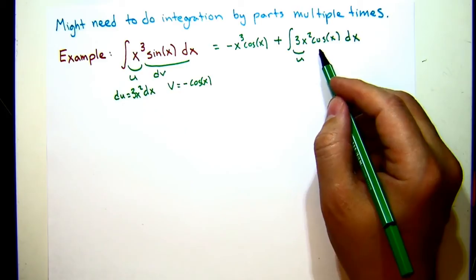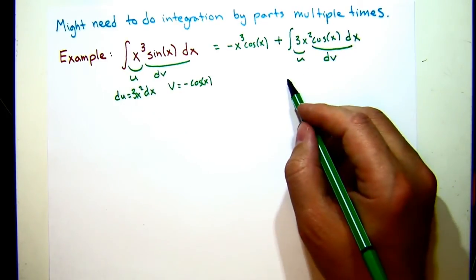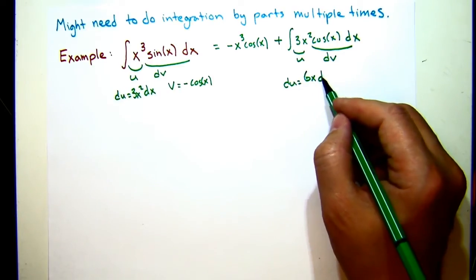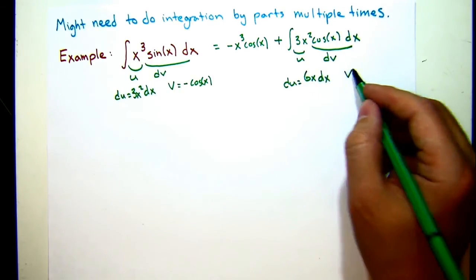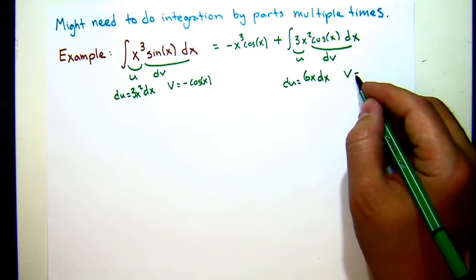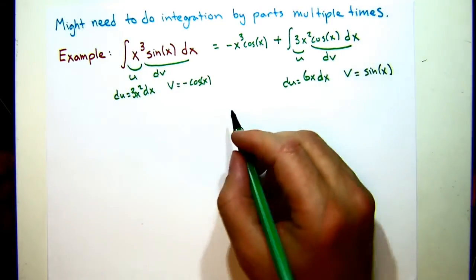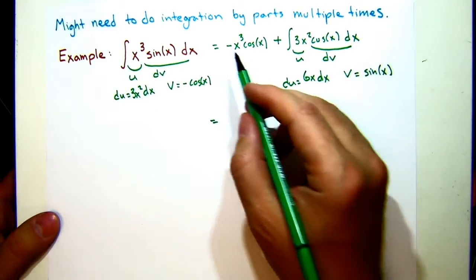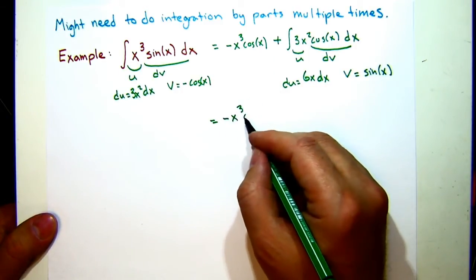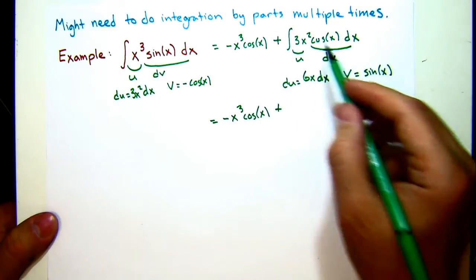Now what? Well, we repeat. Let's make now this part u, and we'll make this part dv. du is 6x dx. v, antiderivative of cosine, is sine. So we now have minus x cubed cosine x still there.